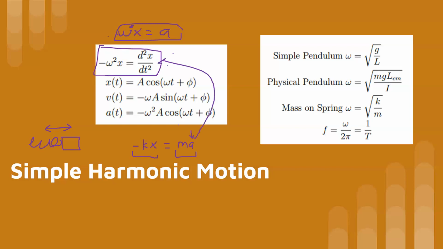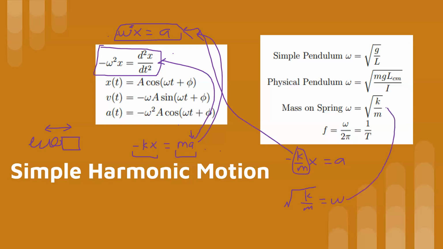That's what this means. And so if I rearrange it so I get it in this form up here, if I divide by m, I get negative k over m times x is equal to a, which is in this form, which tells me that this is my omega squared. And so if I want just my omega, all I have to do is take the square root of k over m to get my omega. And that's where this equation comes from.